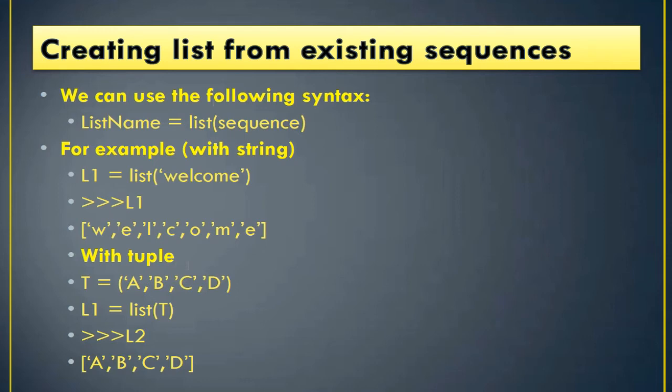Now if you want to do it with a tuple, then T equal to ABCD, L1 equal to list of T, then L2 will display your value. Okay, this is not L2, this will be L1, because under L1 the list of T has been stored.